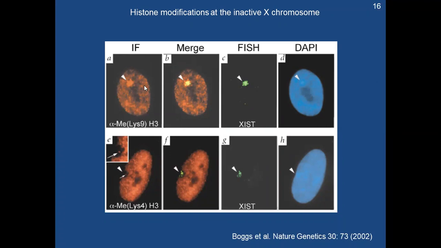Because these parts all contain a lot of histone 3 lysine 9 methylation modifications. And one region particularly strong here is shown in red. It is very dense. And interestingly, when we stain the same cell with Xist in situ hybridization probes, we see that this very dense region contains this green region.